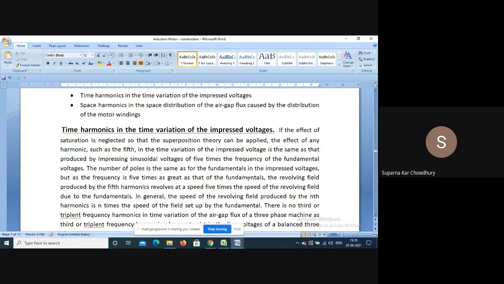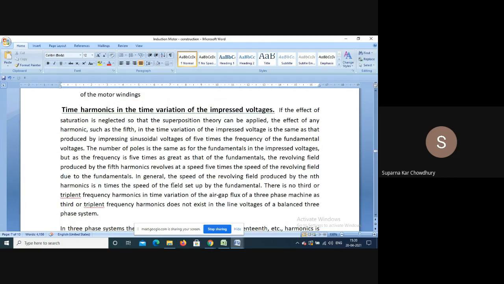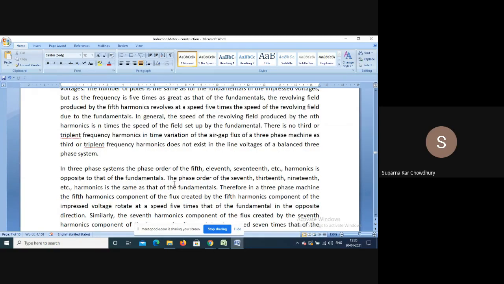So what happens, the fifth harmonic in the voltage wave will create a revolving field which will rotate at a speed which is 5 times the fundamental speed, because the frequency of the fifth harmonic is 5 times the frequency of the fundamental. Similarly, for the other harmonics in the series.